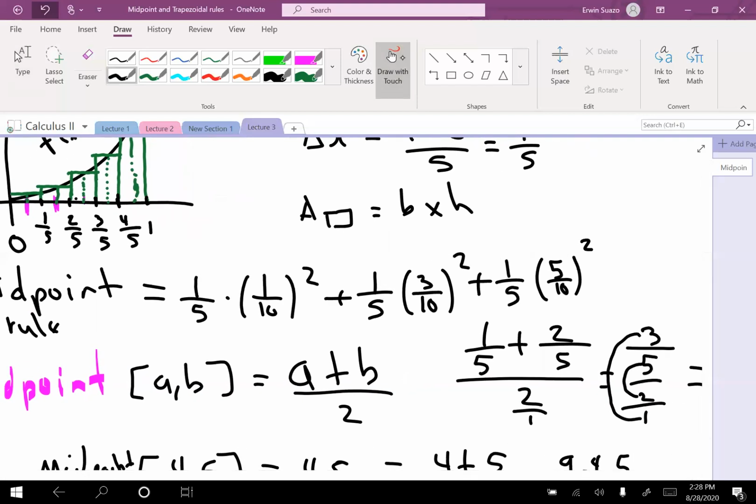Then plus 1/5 times, so this guy is done. And then we do 5/10, 6/10, 7/10, right? So the next one is 7/10 squared.